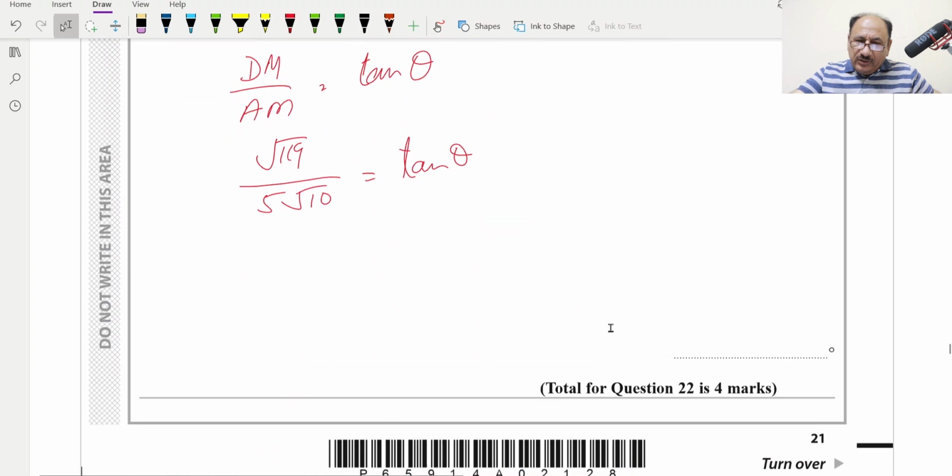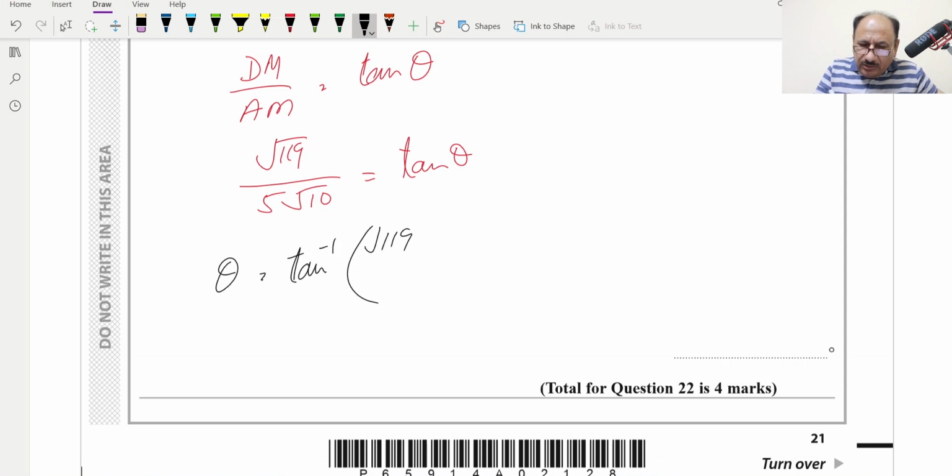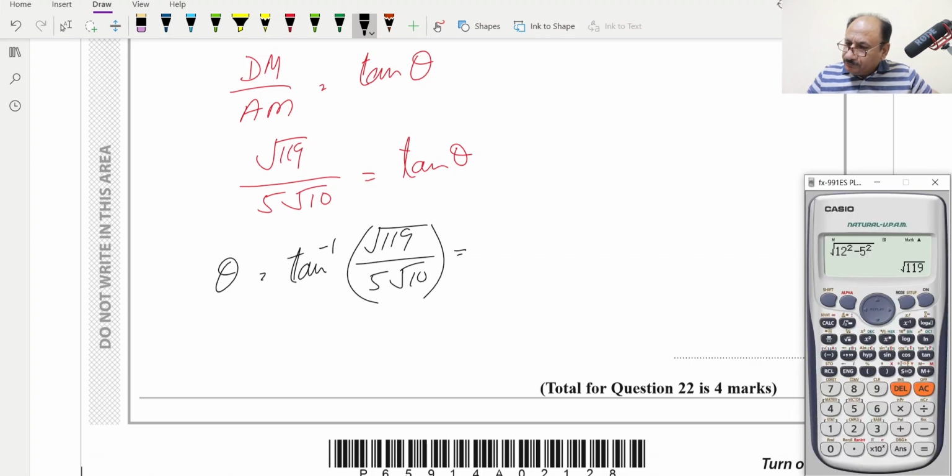Now we can find theta is equal to tan inverse of root 119 over 5 root 10, which we can find with the calculator.